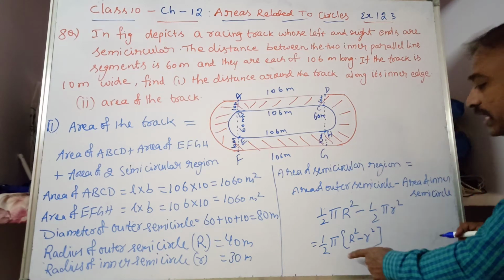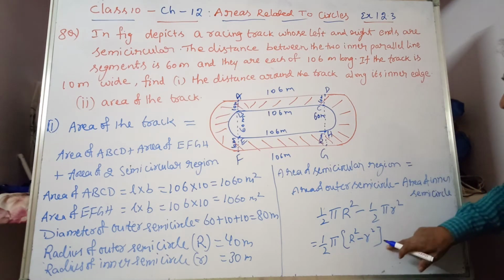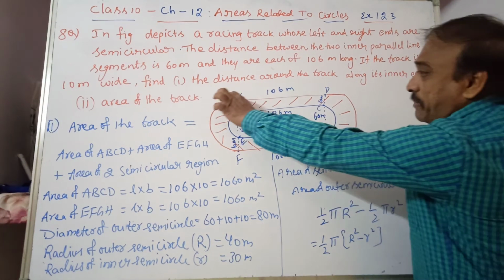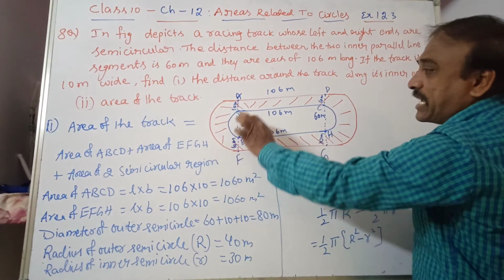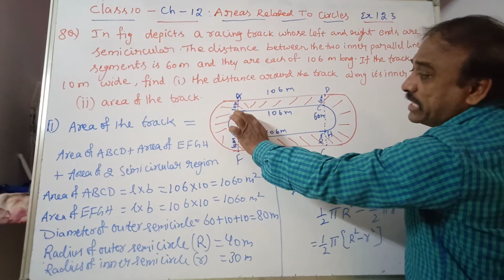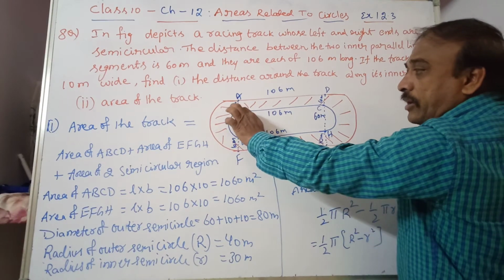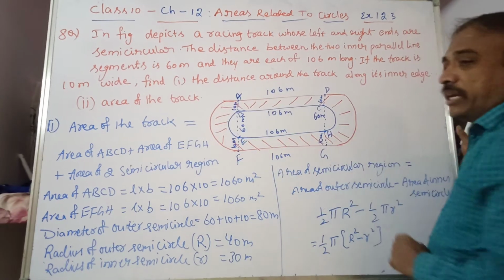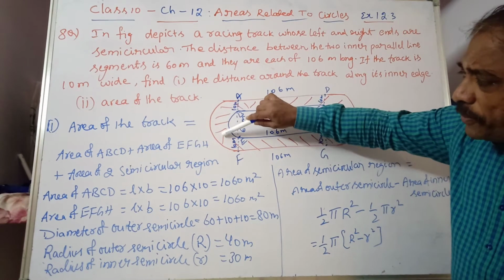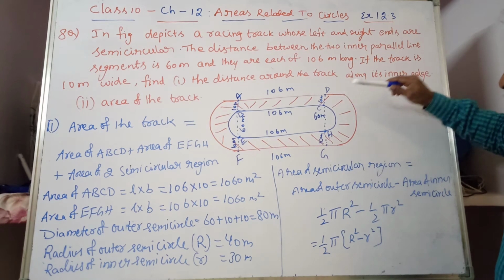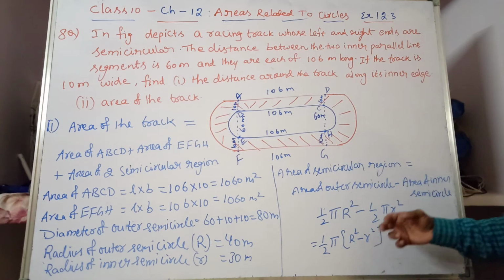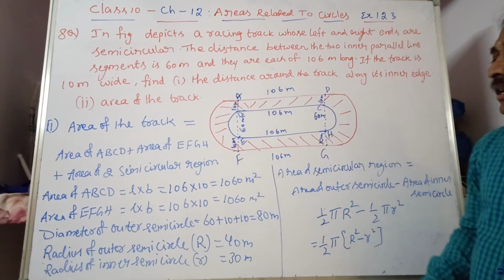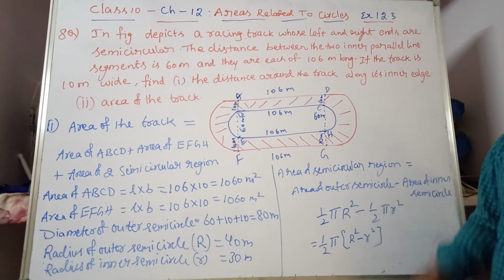This is the area of one semicircular region, which is the area of outer semicircle minus area of inner semicircle. This portion gives you the area of the shaded portion, this part and this. So for two, you have to multiply this with 2. Copy up to here, then we continue the leftover part on this side. Do you understand?